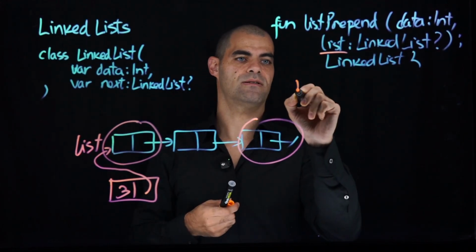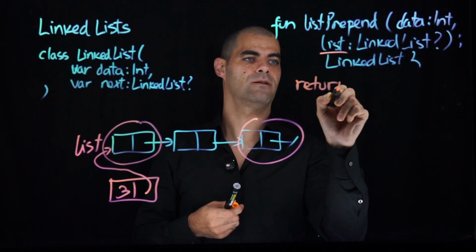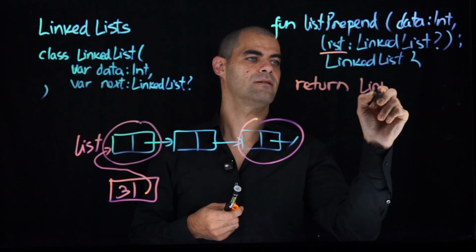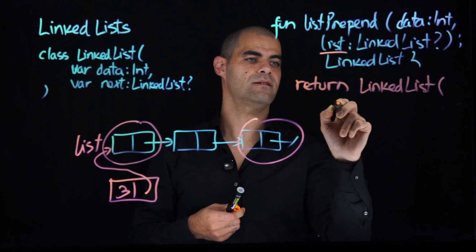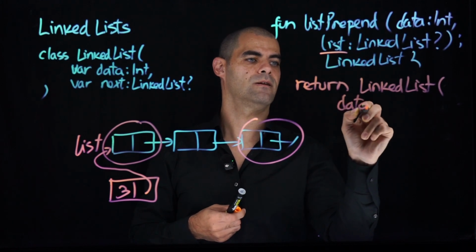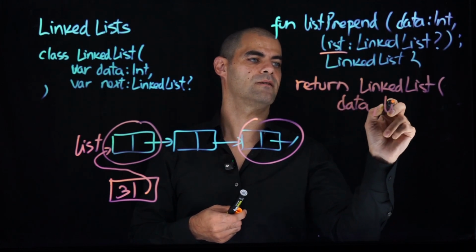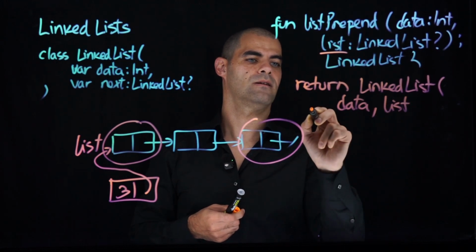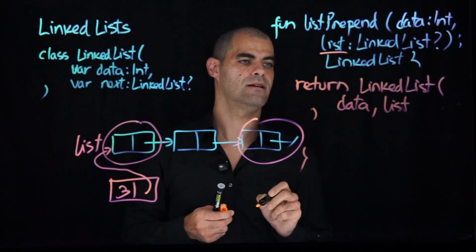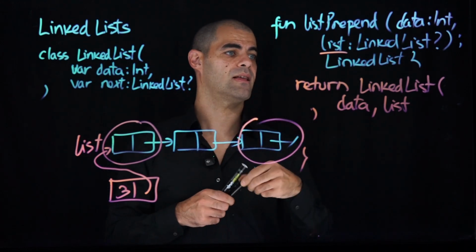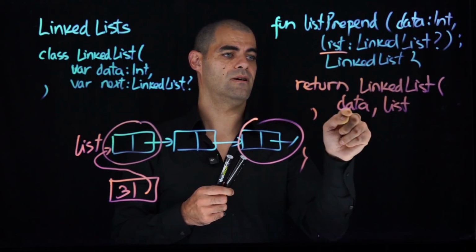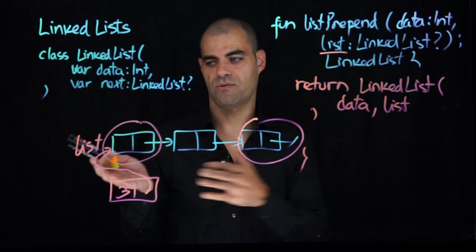So we can just return linked list with our data and our list. And if the list is null, then this will return data with null. So it's just one node.